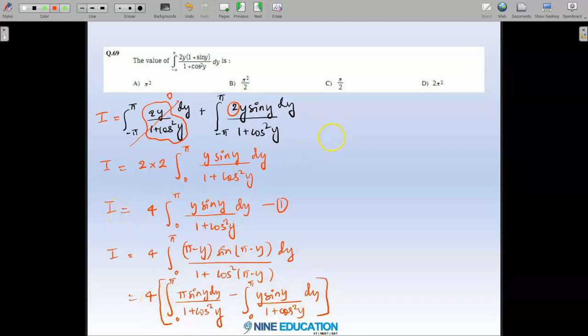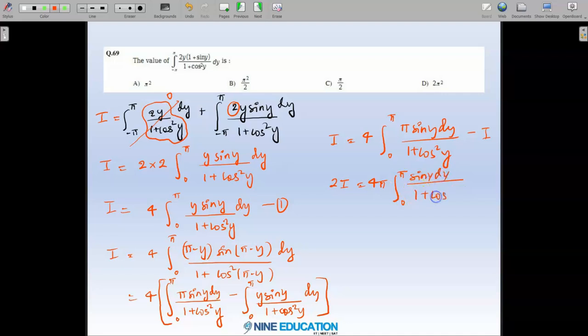So I can say I is equal to 4 times of integral 0 to pi of pi sin y dy divided by 1 + cos square y minus I, because that 4 will go inside, and the second integral on multiplication with 4 will give us the equation 1, which is I itself. So I can say 2I is equal to 4 pi times integral 0 to pi of sin y dy divided by 1 + cos square y.